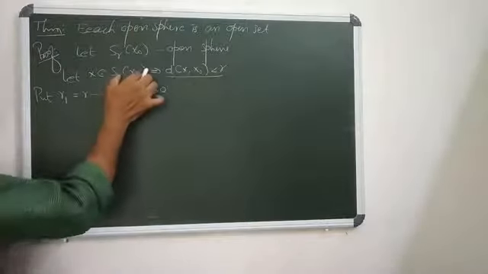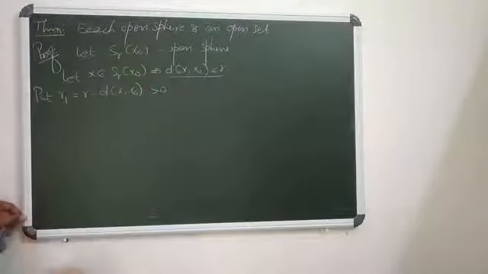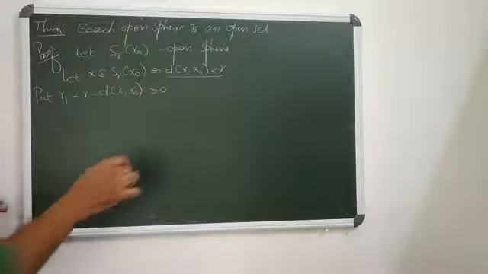Now, to show S_r(x0) is an open set, we have to show that this S_r(x0) contains an open sphere. Why? Because of the definition of open set: G is an open set when there exists an open sphere S_r(x) such that S_r(x) is a part of G. That's our definition.